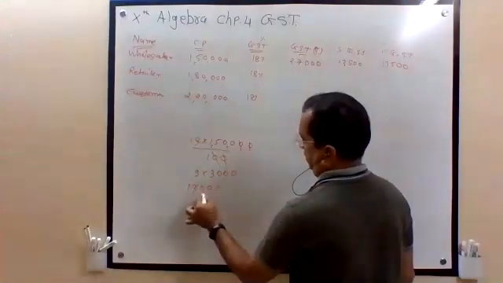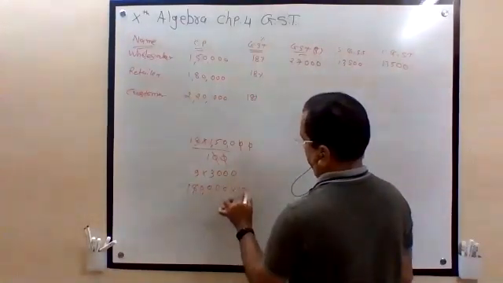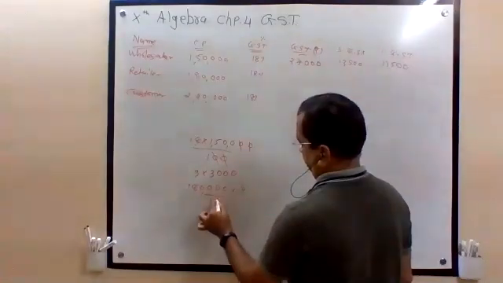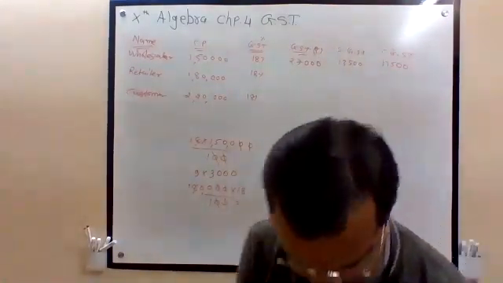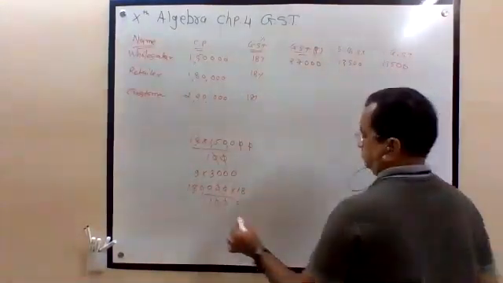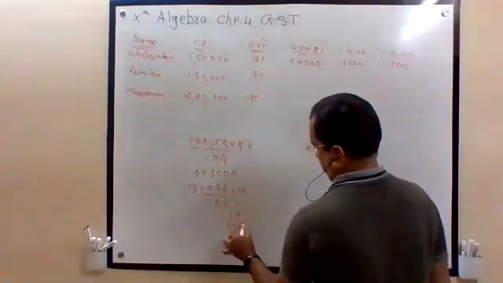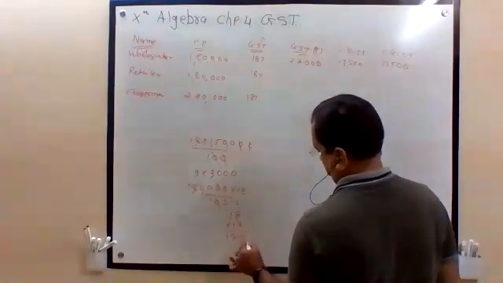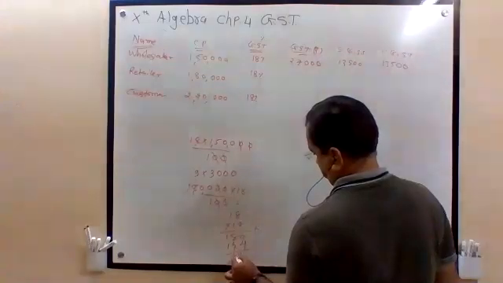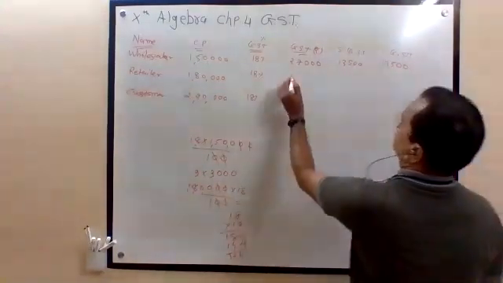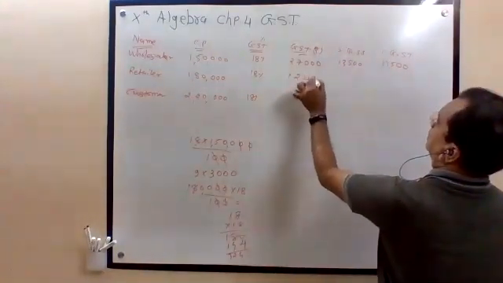Now 18% of 1,80,000, into 18 divided by 100. So 18 into 18, 324.